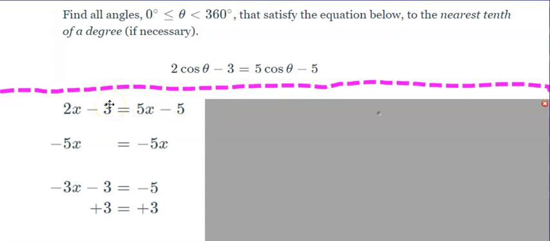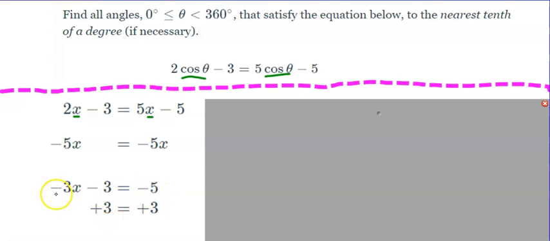First thing that we do in this problem, just like in the previous problem, is replace the cosine function with x, so that when we finish solving for x, we can replace it with cosine theta. So they subtract 5x on both sides to move everything to the left side. So you have negative 3x minus 3 equals negative 5.